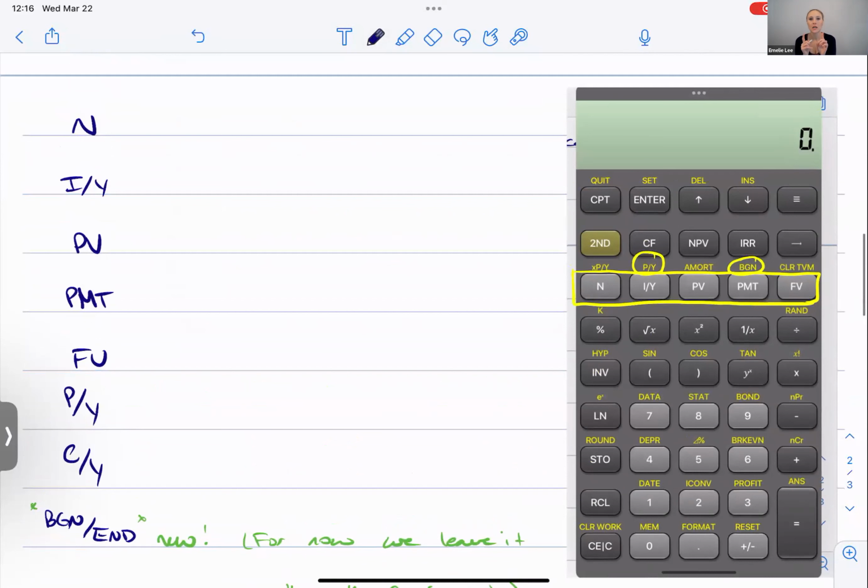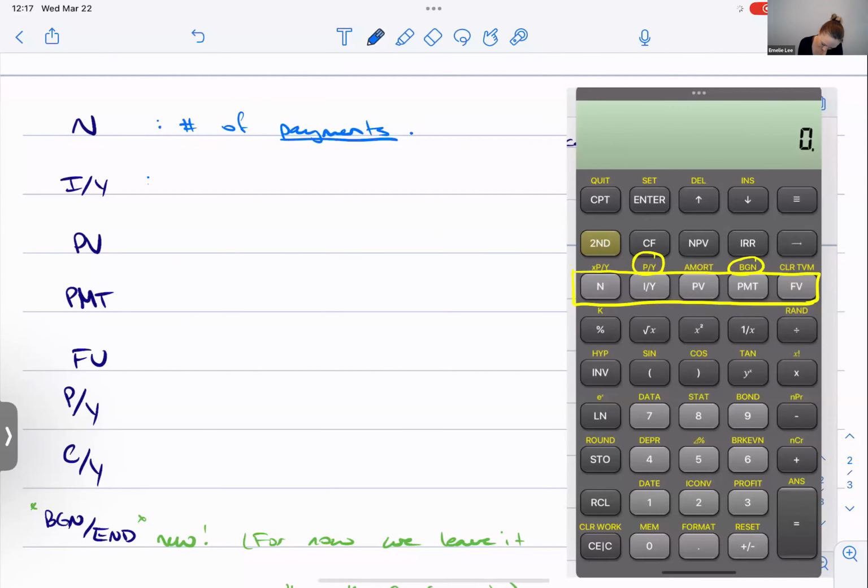Okay, a couple of notes. N is now going to be the number of payments. Whereas before, when we didn't have regular payments, N was the number of compoundings, but that's not the case anymore.